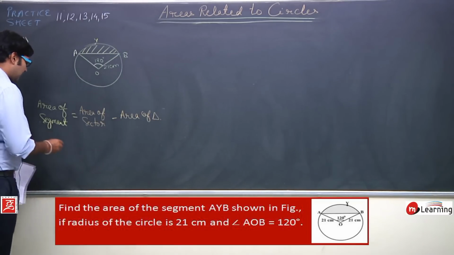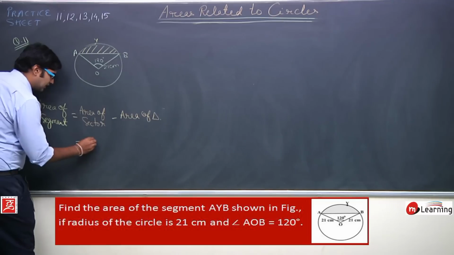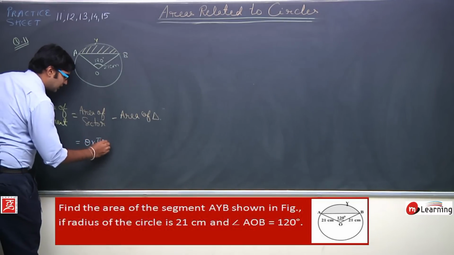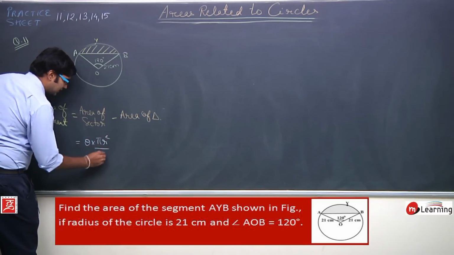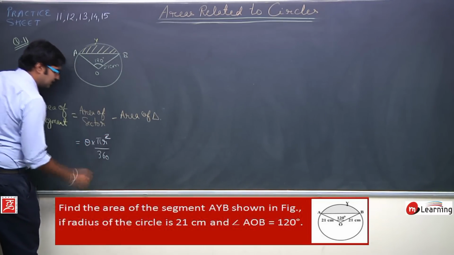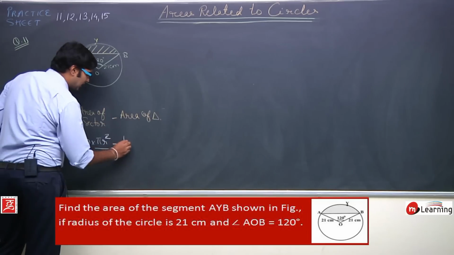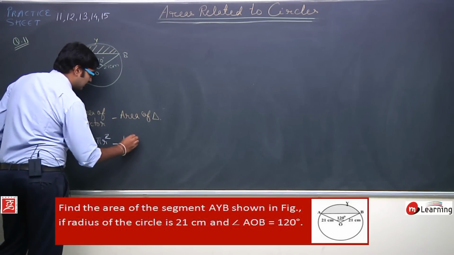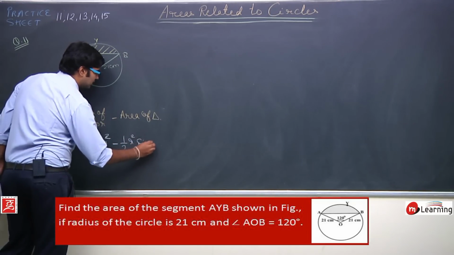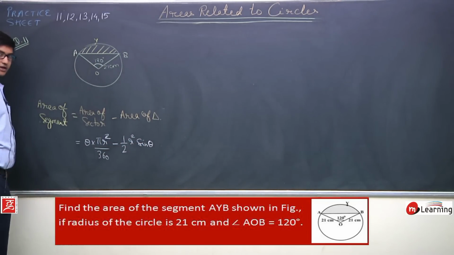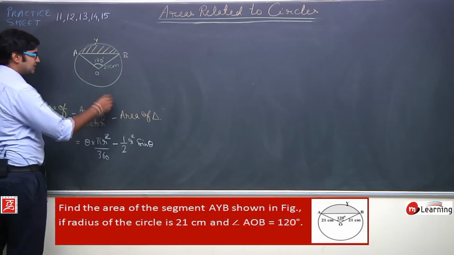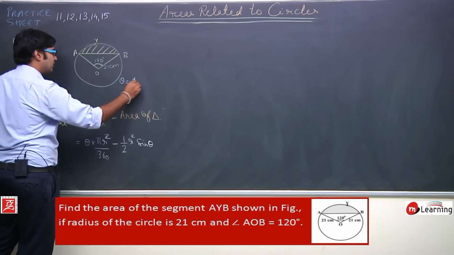Now, area of sector is theta into pi r square upon 360 degrees, minus area of triangle, which is half r square sine of angle theta. Okay. Now, what is theta? Theta is equal to 120 degrees.